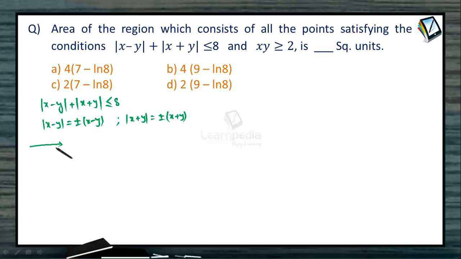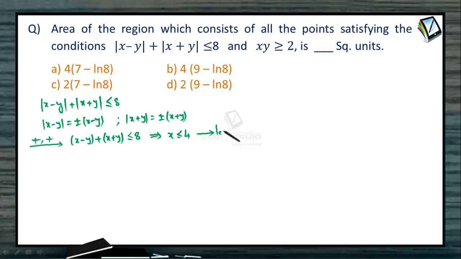In the first case, when x − y takes a plus sign and x + y takes a plus sign, then the equation becomes x − y + x + y ≤ 8, which gives x ≤ 4. What do we mean by x ≤ 4?